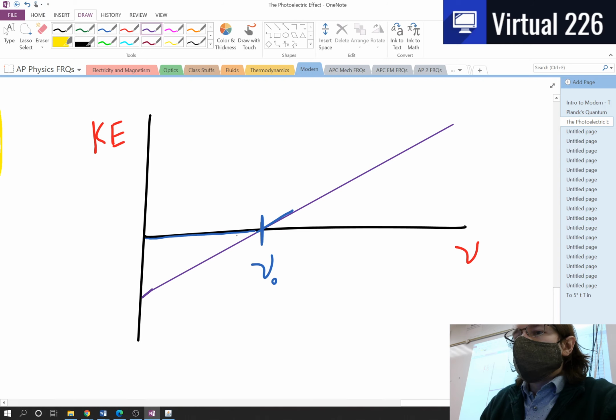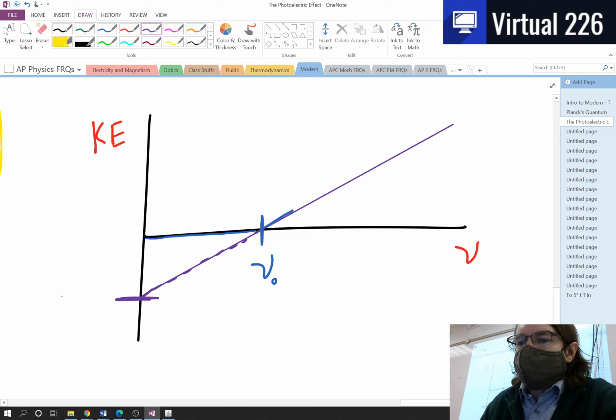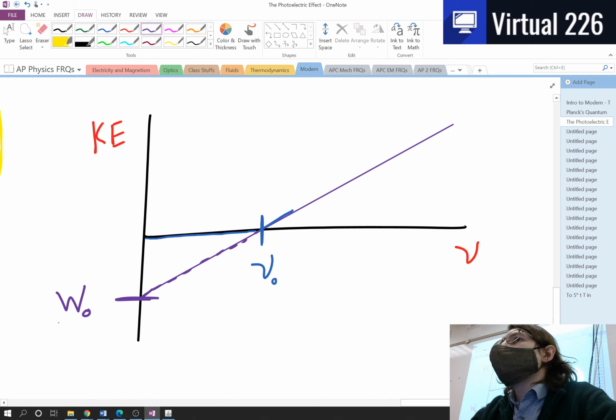But since we were able to backtrack this line here, we notice it intersects the y-axis. This point of intersection of the y-axis is the work function. This is how much work you need to do to remove an electron.